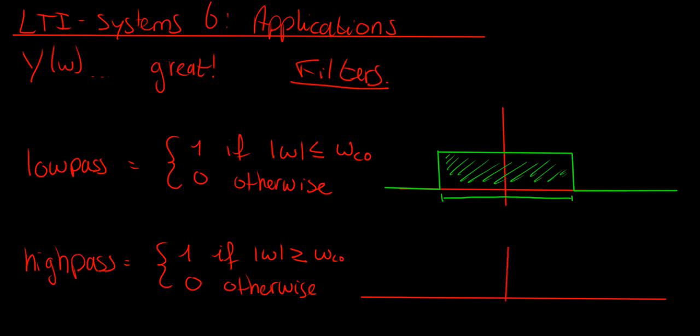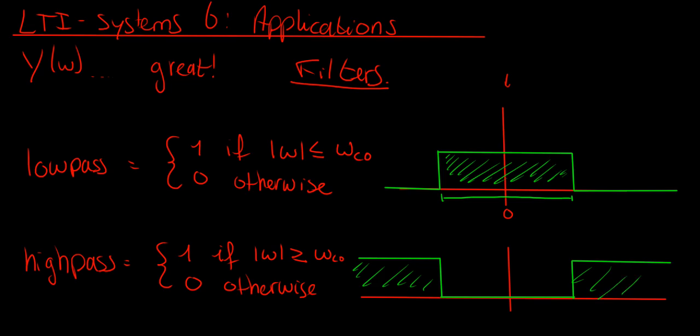This was a low pass filter because the 0th frequency is in the middle. So what would a high pass filter look like? Well, exactly the opposite. It will let through all the high frequencies, all frequencies that are in the range where the surface is bigger than 0.